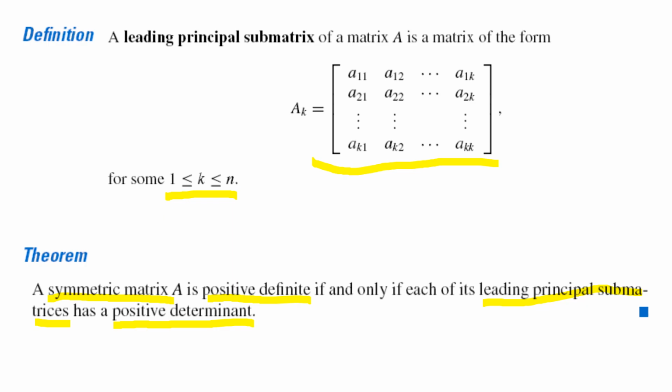Now, this is another way to show whether a matrix is positive definite or not. We will consider the leading principal submatrices of the given matrix, and we will check whether they have positive determinants or not.